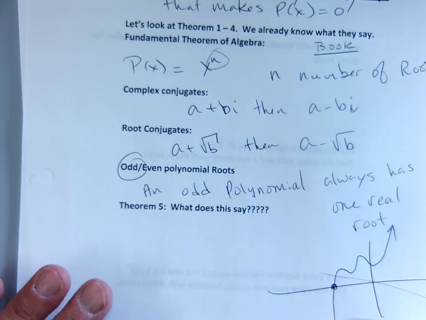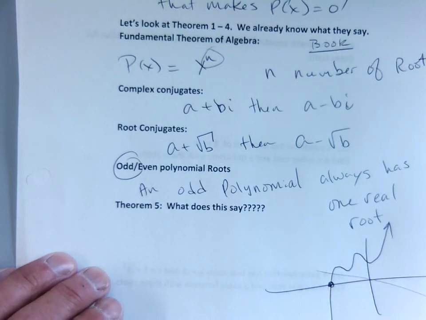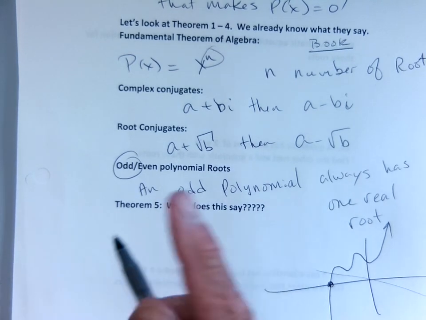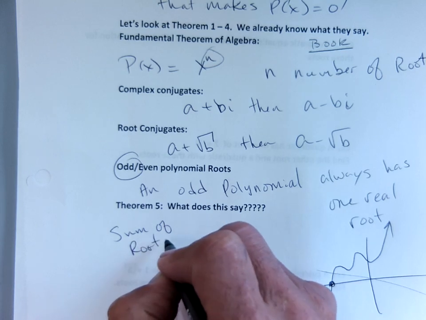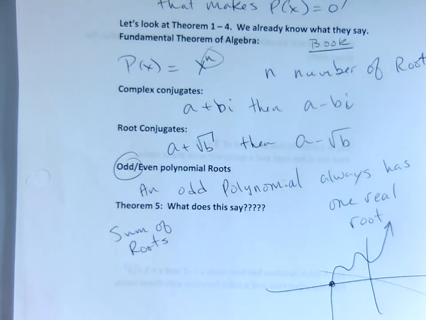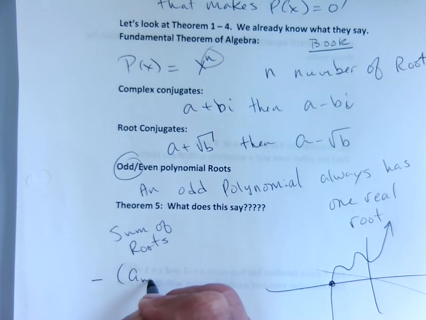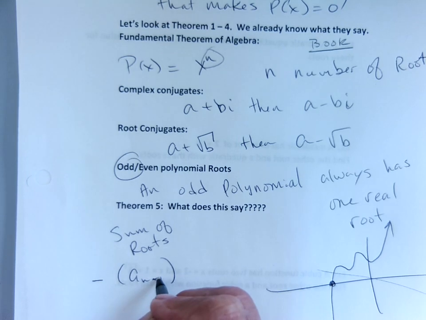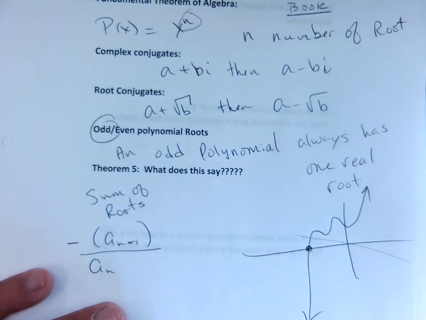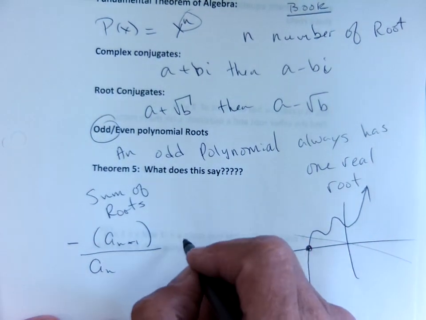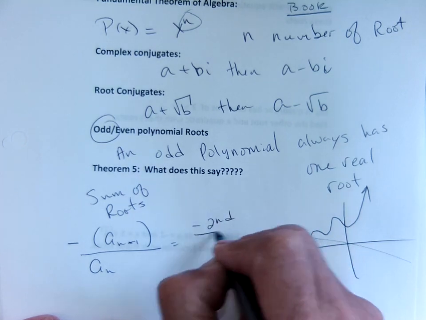In Theorem 5, we just looked at Theorem 5, and it talks about the sum or differences, right? And we saw that for the sum of roots, if you happen to know the zeros, you just add them up. But if you don't know the sum, you can at least find out what the sum is by negative a of n minus 1 divided by a of n, which is the negative of the second divided by the first.